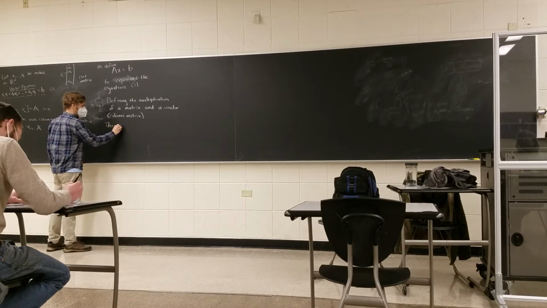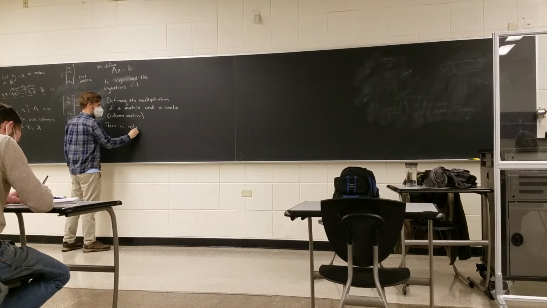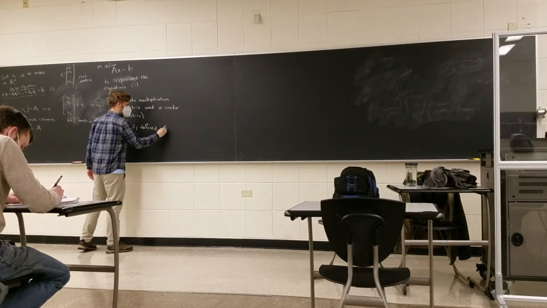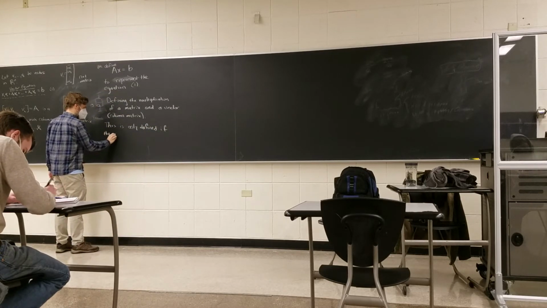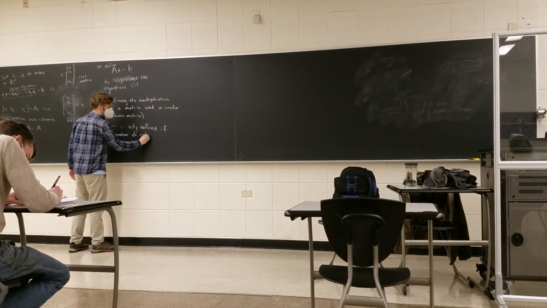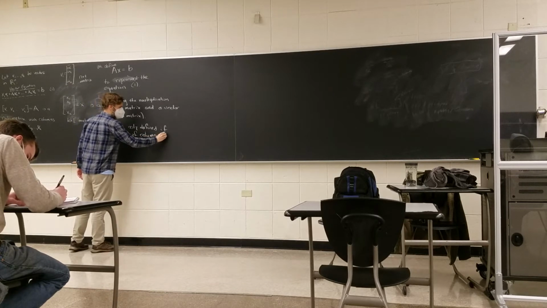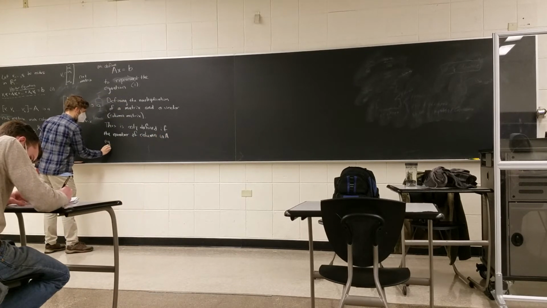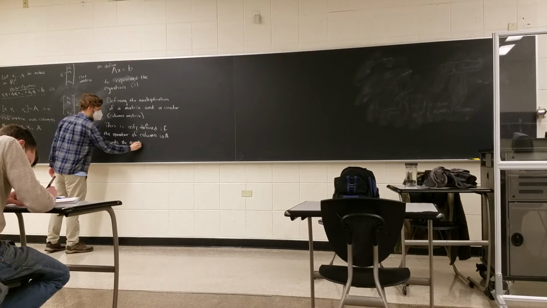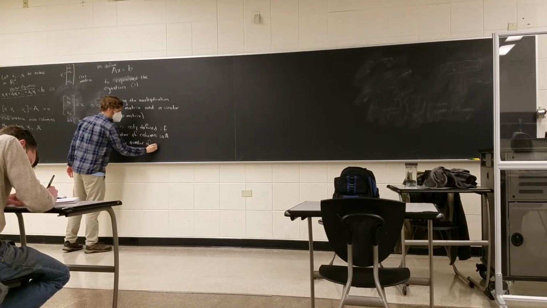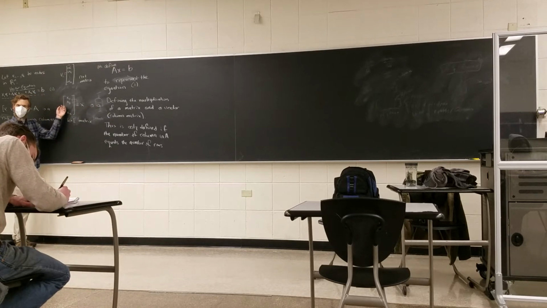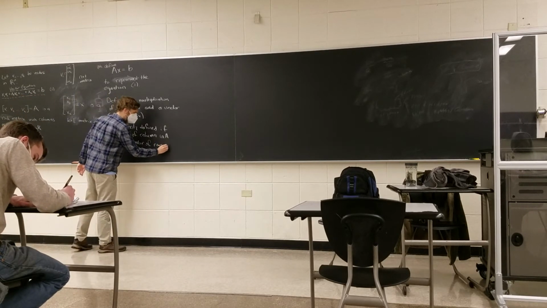So this is only defined, it only makes sense, if the number of columns in A equals the number of rows or entries, because the rows are just an individual scalar, in x.